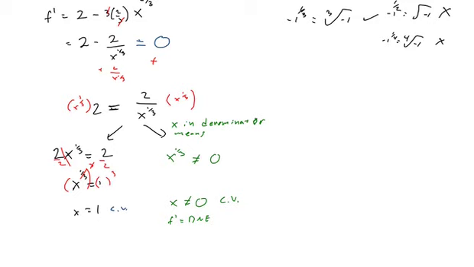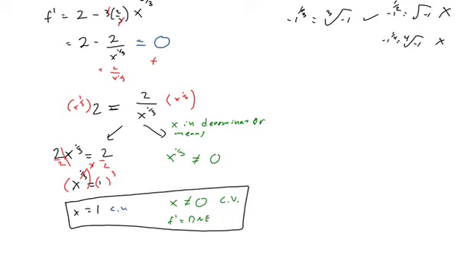So these two spots, 0 and 1, are both critical values. The 0 is a critical value because the denominator had a variable, and the denominator cannot be 0. So I've got my two critical values, 0 and 1.